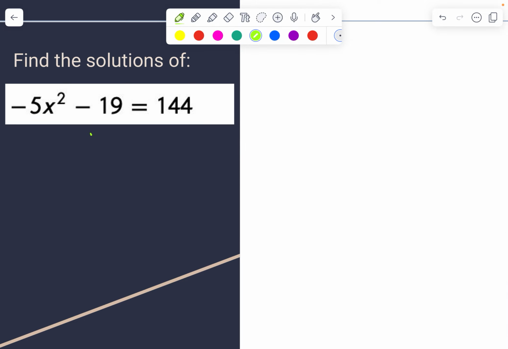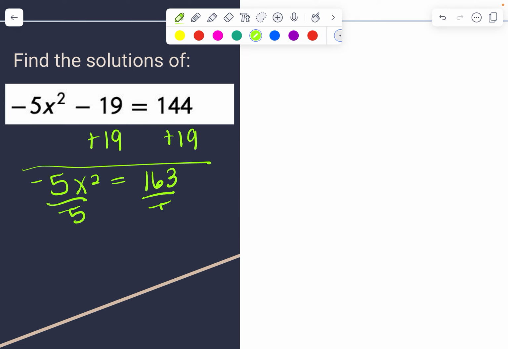All right, this one, we got to get rid of the 19 first. So we'll add 19. Negative 5x squared equals 163.